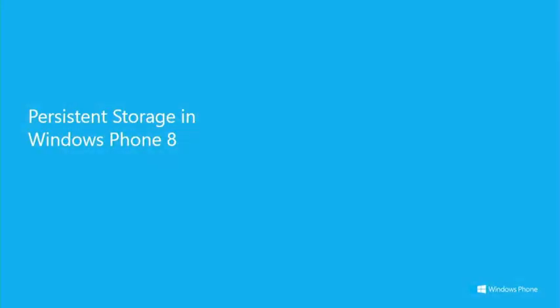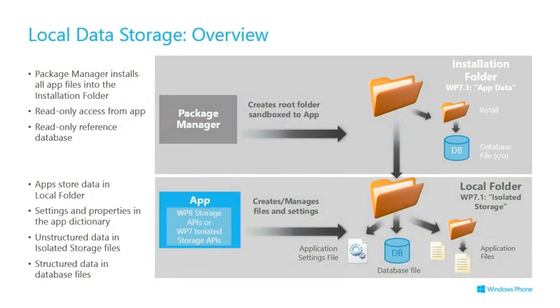So let's dive into persistent storage in Windows Phone 8. When we talk about local data storage, the big takeaway on this slide is you have two separate locations on the phone where things are stored. There's the installation folder, where your application gets exploded out onto the device.